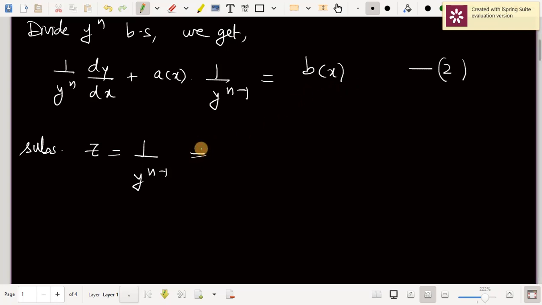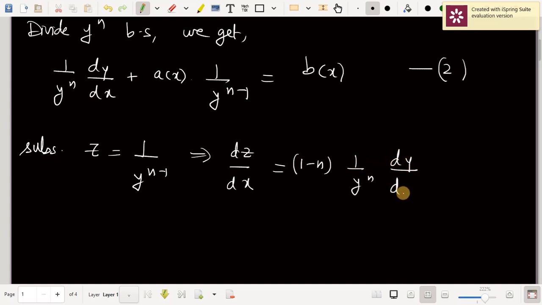When I differentiate, dz by dx is the derivative of 1 by y raised to n minus 1, which is the same as y raised to 1 minus n. So we get 1 minus n into y raised to minus n, that is 1 by y raised to n into dy by dx.